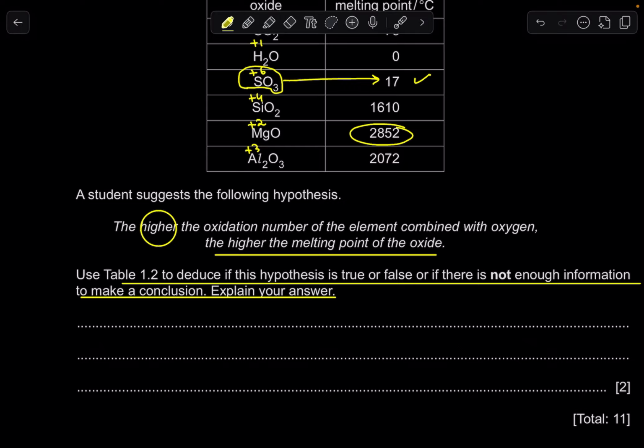I believe this is false because we can see that the highest oxidation number is of sulfur trioxide, but the highest melting point is of magnesium oxide.